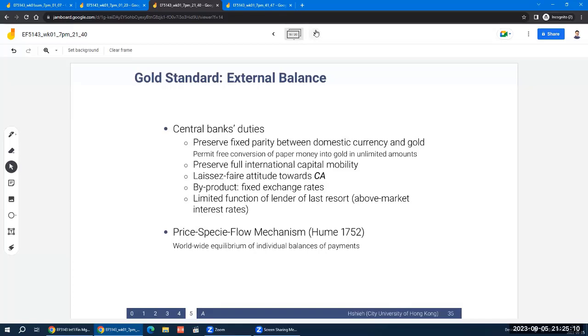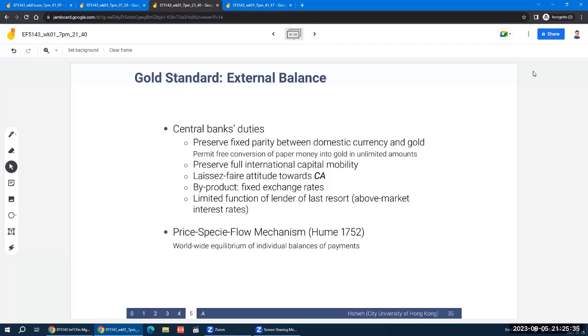Their sole job is to maintain unlimited convertibility of their domestic currency for gold. Okay, and everybody does that. If all the players in the game follow this rule, then we have very stable prices, and current accounts will stabilize over time, as long as you allow what's called the price specie flow mechanism to take its course. And I'll describe it to you very soon.